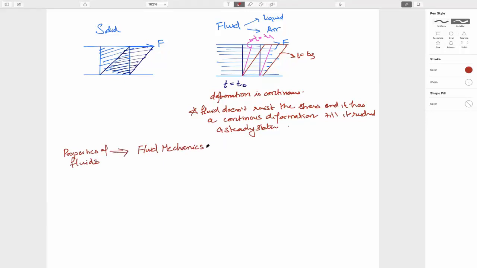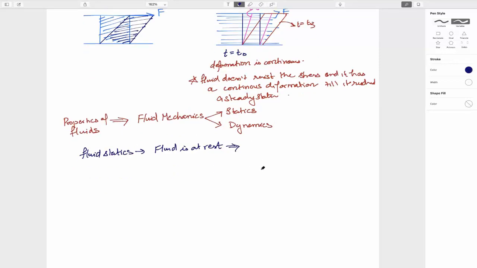Fluid mechanics is basically divided into two parts, statics and dynamics. Fluid statics is nothing but the fluid at rest. An example is a mug with water in it. The essential condition we are considering is that it will not get evaporated.